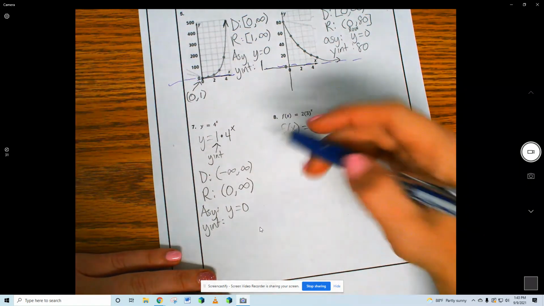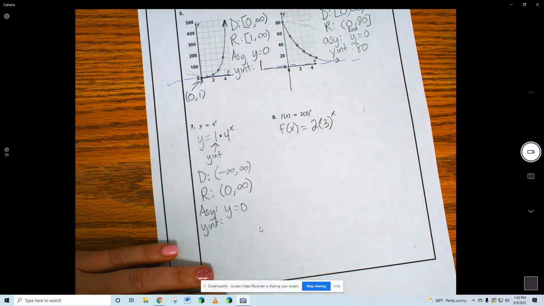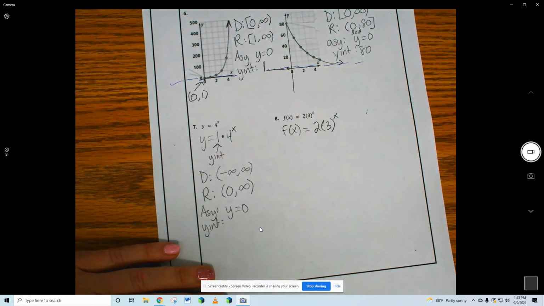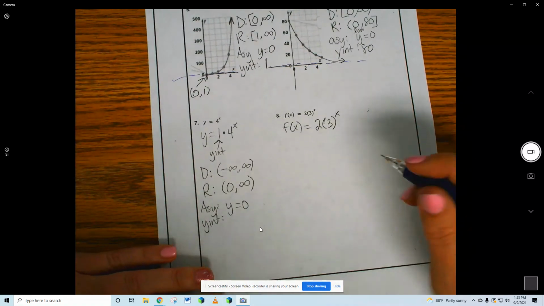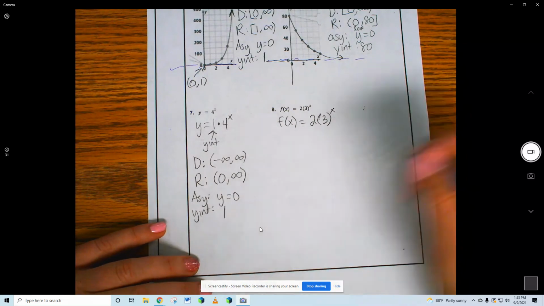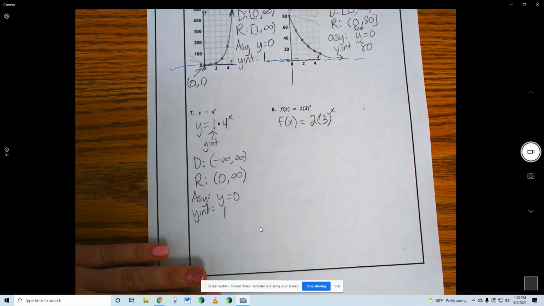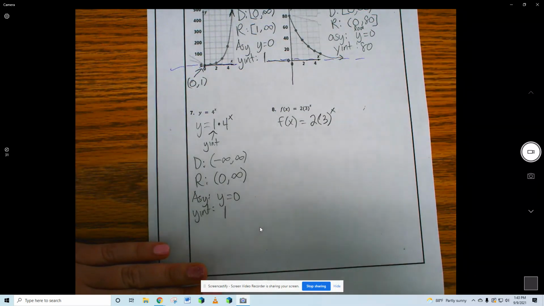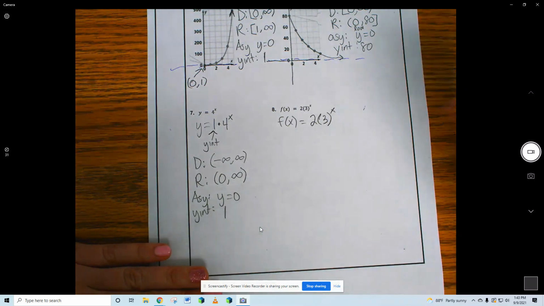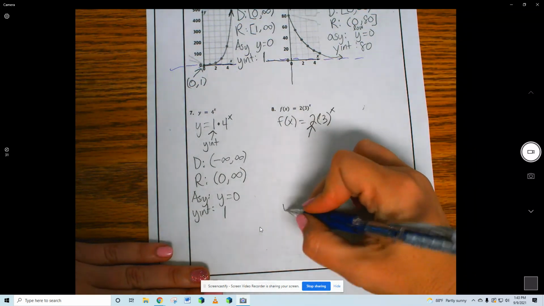Okay, y-intercept. It's the A, initial value, right after the equal sign. What is it? 1. This one is 2. Good job.